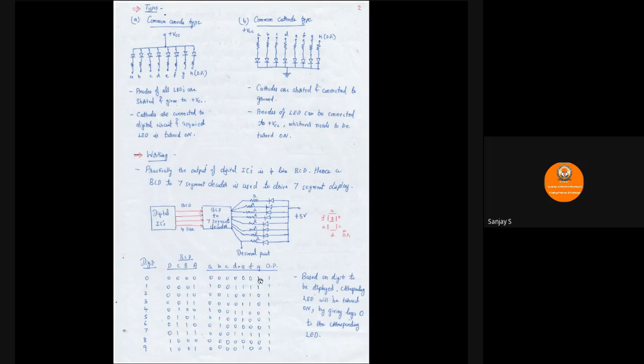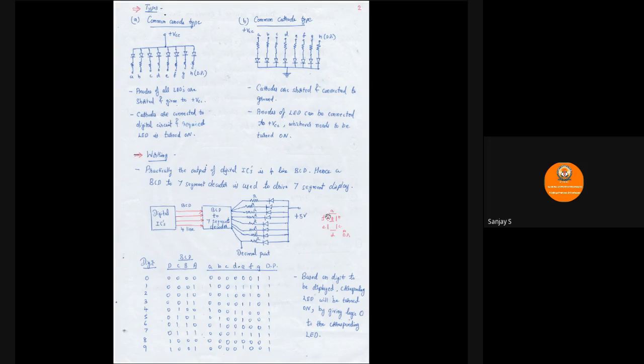Similarly, for the remaining numbers, depending upon the digit to be displayed, the corresponding LEDs which have to be turned on will have active low input. So let us take the last example, that is number 9. When it comes to number 9, BCD equivalent is 1001.